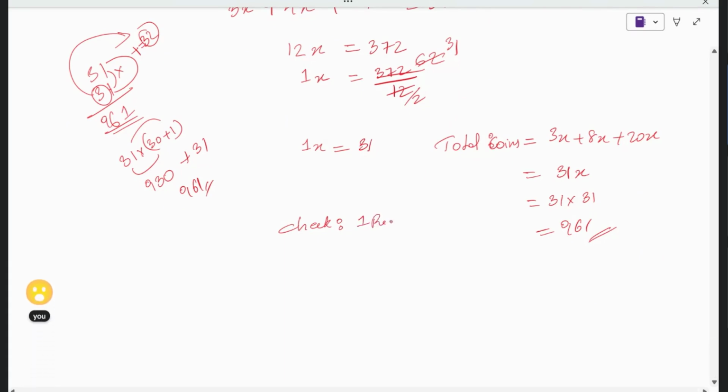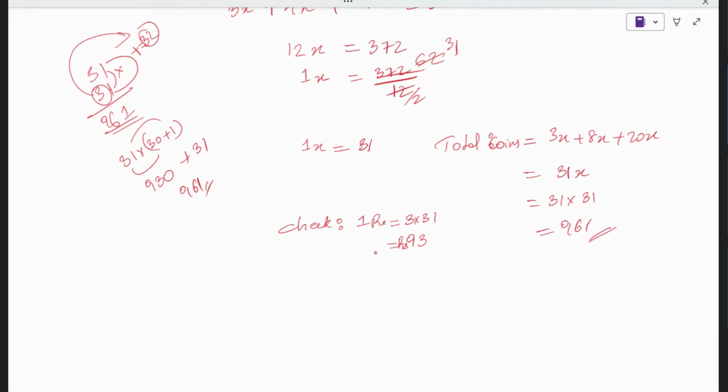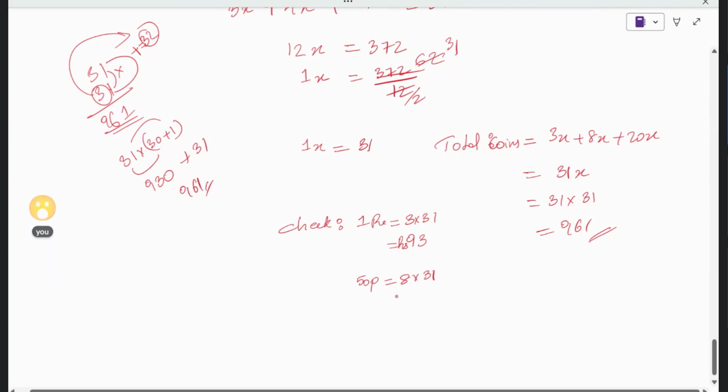For 1 rupee coins we have 3 into 31. That means this will give us 93 rupees here, because per coin it's 1 rupee. Next one, 50 paise. 8 into 31. This will give us 248, or no?